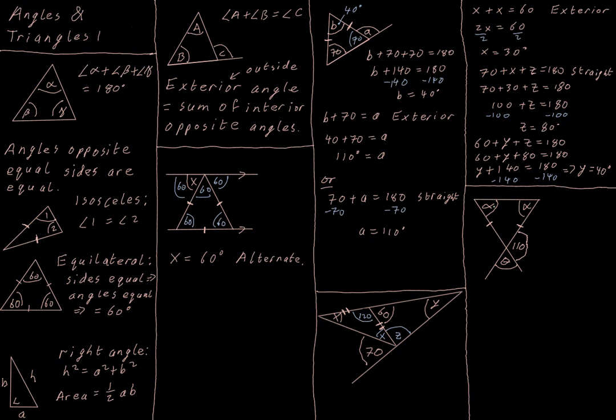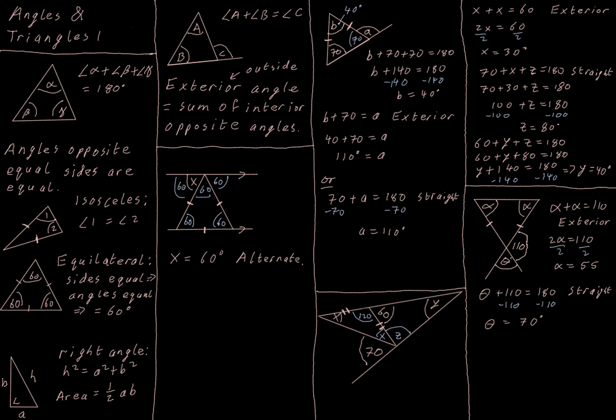I can also see that alpha plus alpha must add up to the exterior opposite angle, which would be 110. Or I could find theta by saying that 110 plus theta must add up to 180. So there are lots of different ways of approaching it, and it's important to write these questions out in multiple ways.